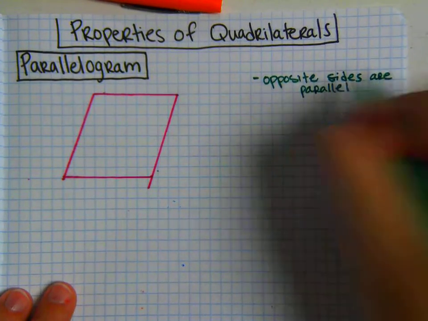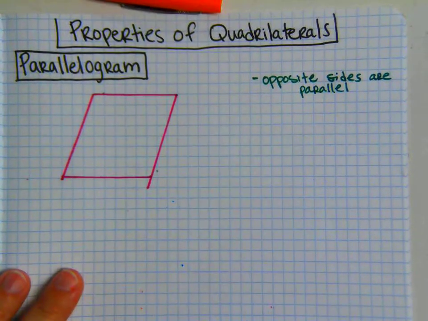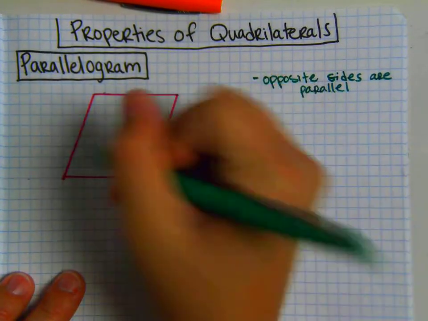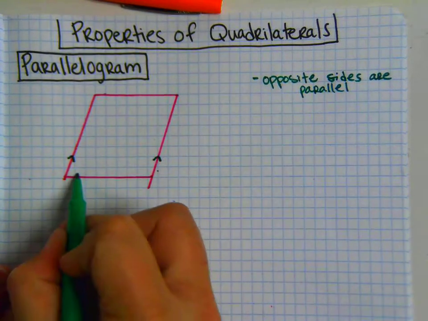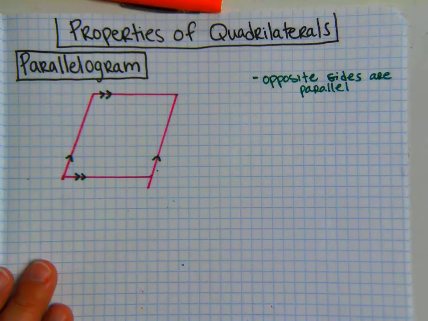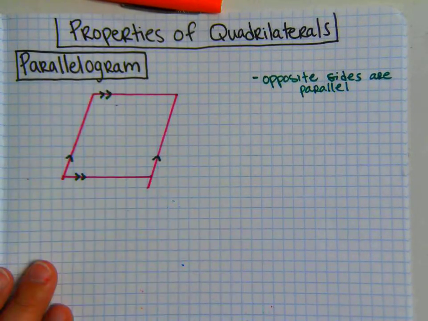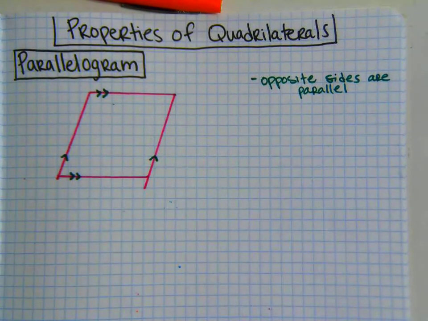I think that you all knew that right now, that opposite sides of a parallelogram are parallel. We denote that with little arrows going in the same direction. Opposite sides are parallel. This side's parallel to that side. Okay? So that's the first property.